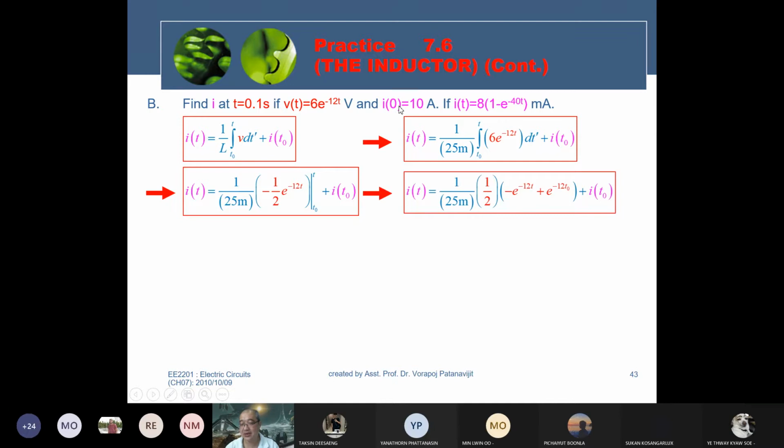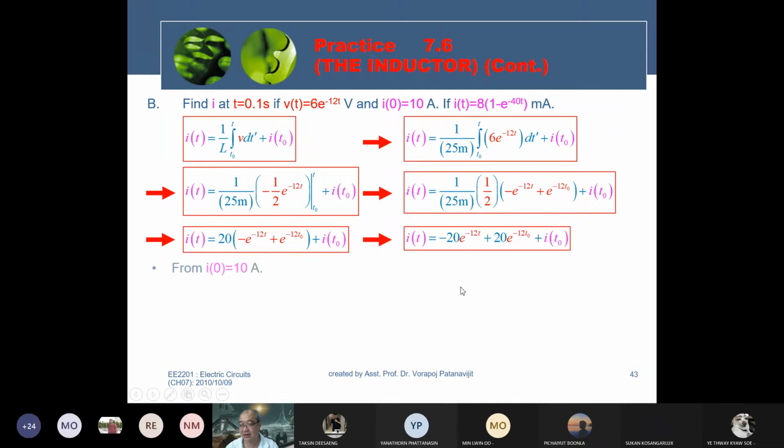the question is, you organize the terms and simplify, and after that you get this.